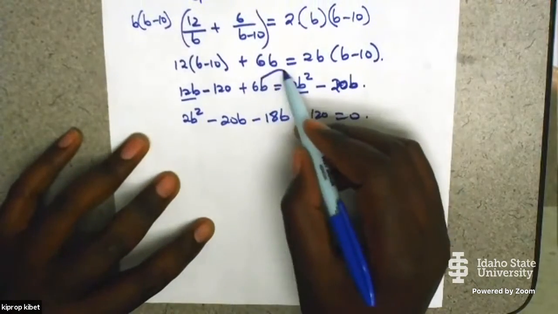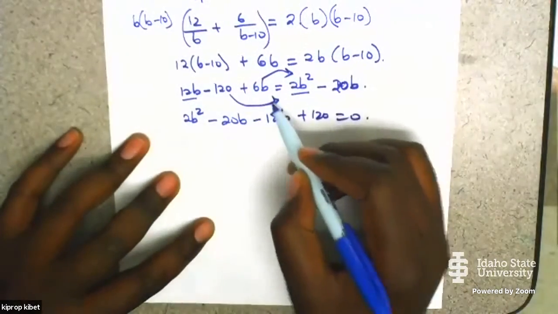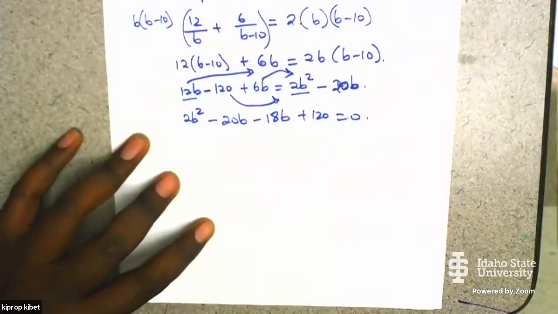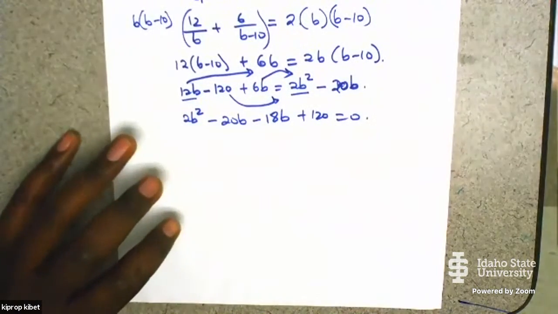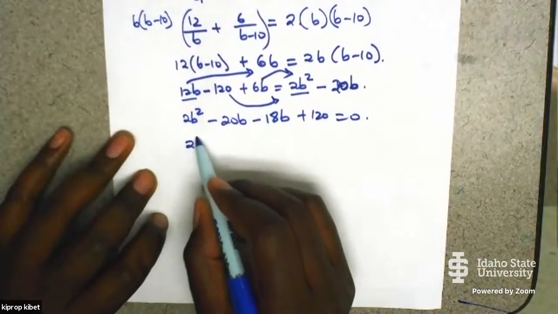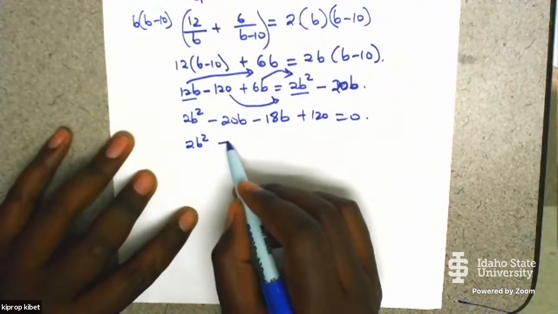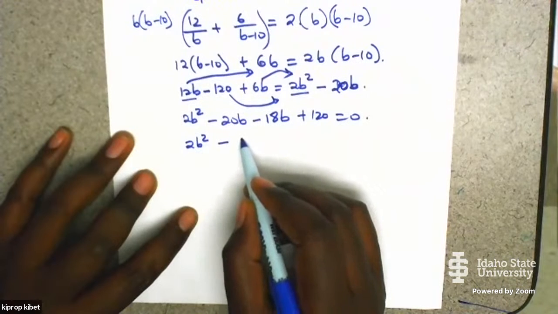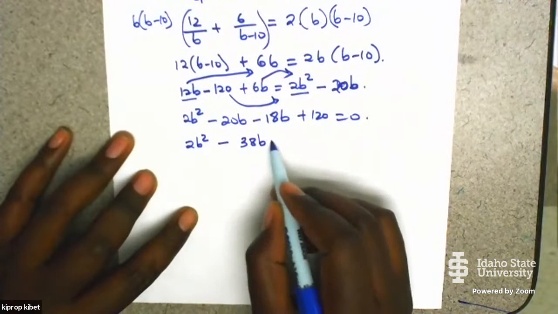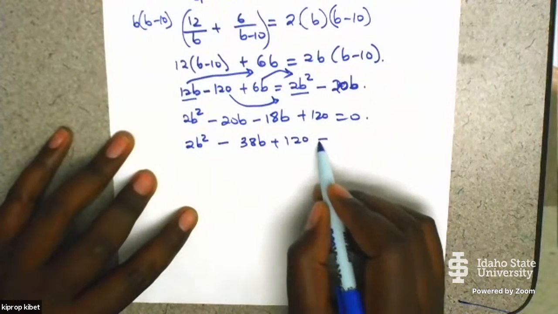So we take these to the other side. So 2B squared minus 20 minus 18 is minus 38B plus 120 equals 0.